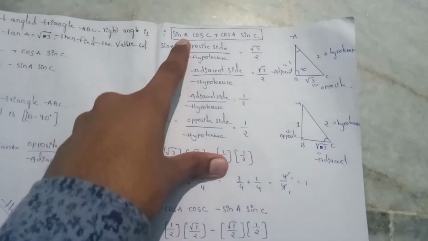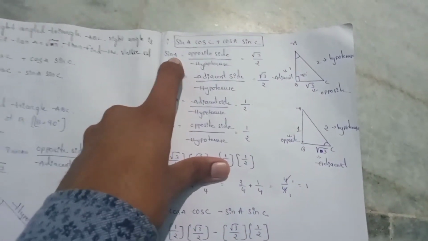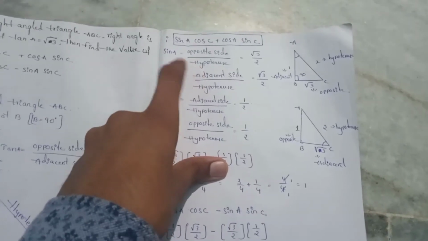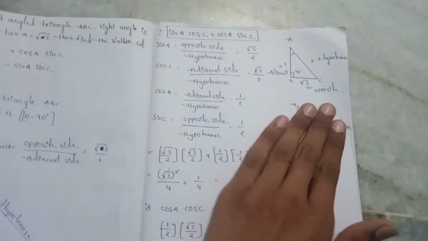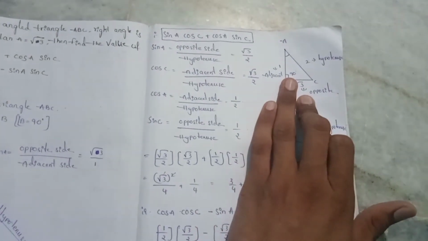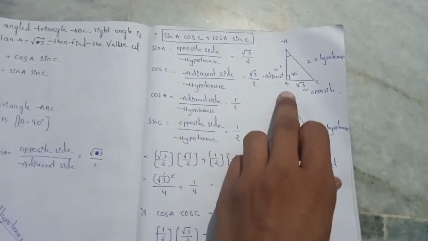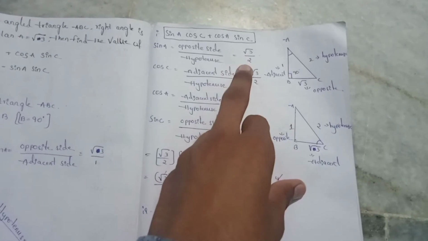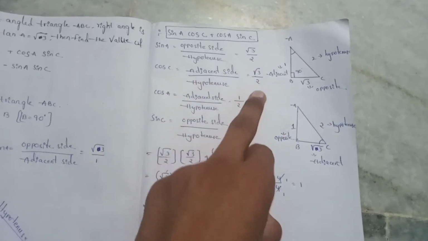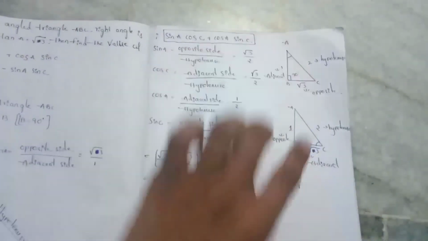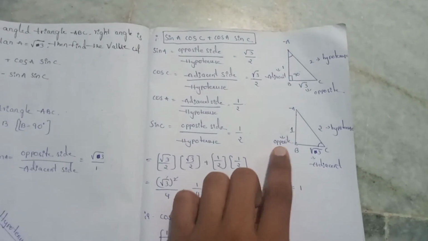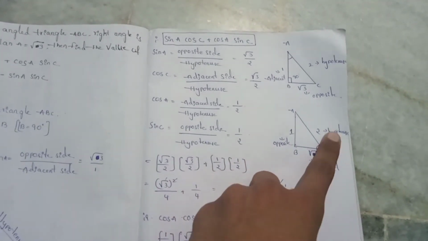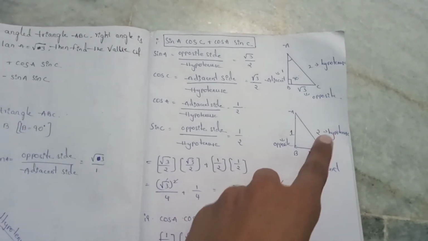What is said here? Sin A is equal to opposite side by hypotenuse. Sin A is given, and A means we have to look only at this triangle. The opposite side is root 3 and the hypotenuse is 2, so root 3 by 2. Cos C means we have to look only at this triangle. Cos C is adjacent side by hypotenuse, nothing but root 3 by 2.